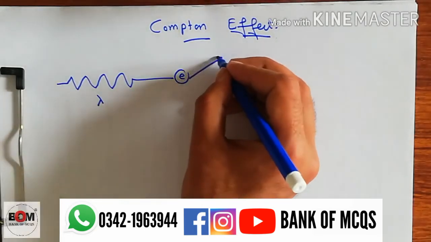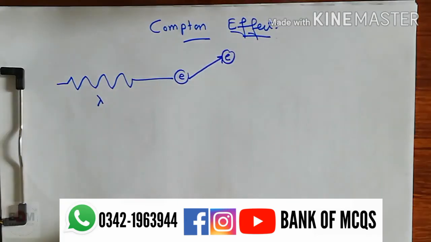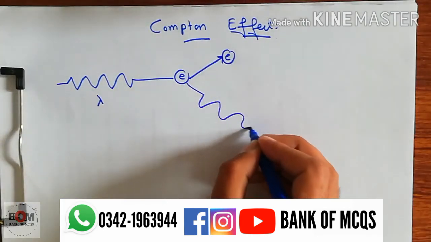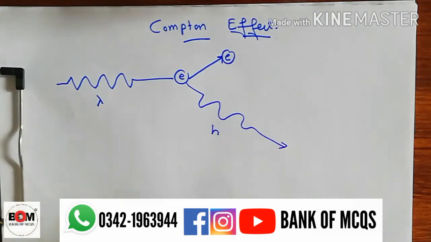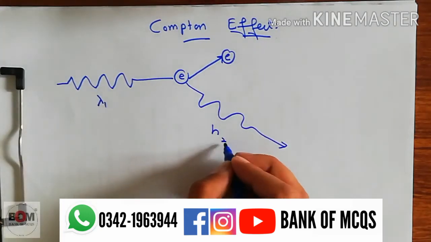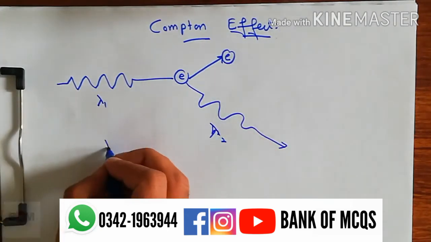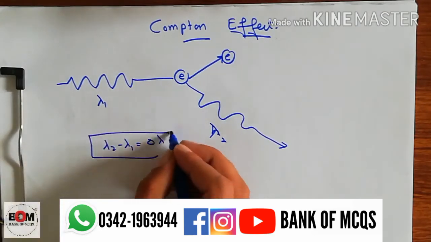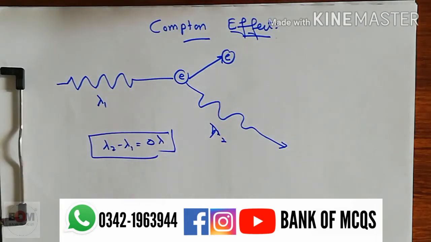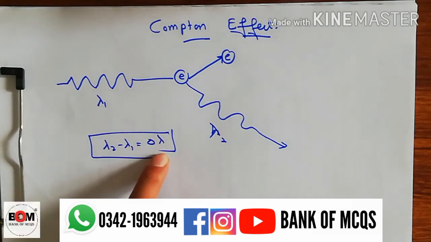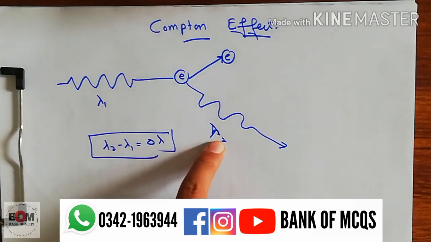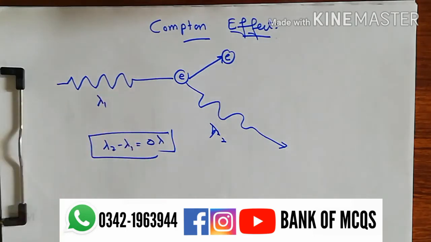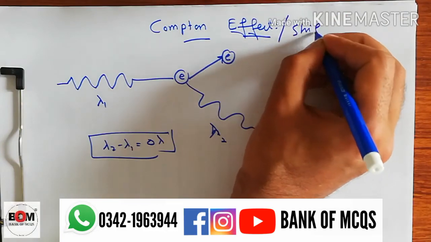Then the electron will start motion in one direction, and a change will occur in the wavelength. It is lambda 1, then it will become lambda 2. So lambda 2 minus lambda 1 is called delta lambda, and this change in wavelength delta lambda between scattered X-rays and incident X-rays is called the Compton shift or Compton effect.